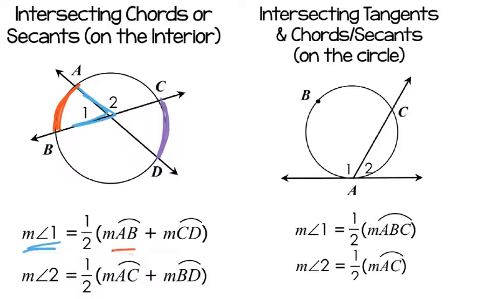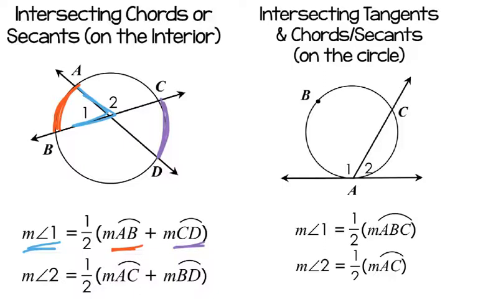Let me do that again. Okay, so if there's an X, two chords or two secants are making an X, and you're looking for an angle inside the X, then you're going to add the two intercepted arcs together, and then you're going to times it by 1/2.